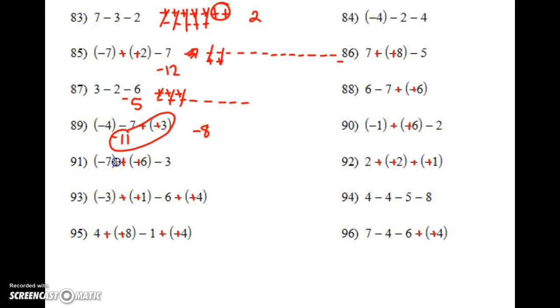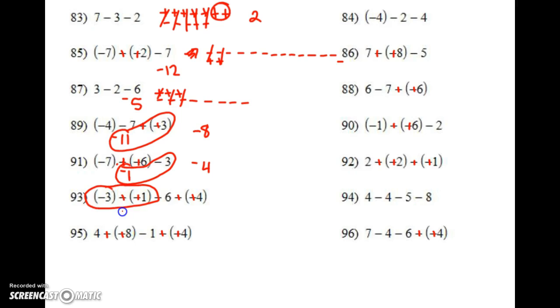Negative 7 and 6. Different. So subtract, 7 minus 6 is 1. Keep the sign of the bigger, which is 7, and it's negative. And then add your negative 1 and negative 3 together. Same signs, add and keep. So negative 4. So let's go ahead and do these first. So we've got negative 3 and positive 1, different.